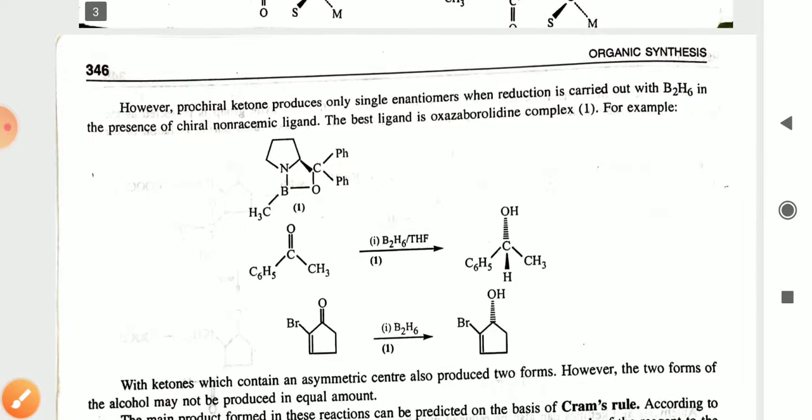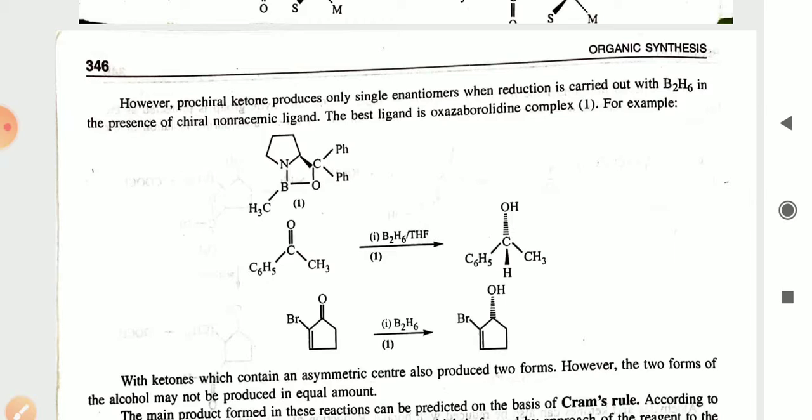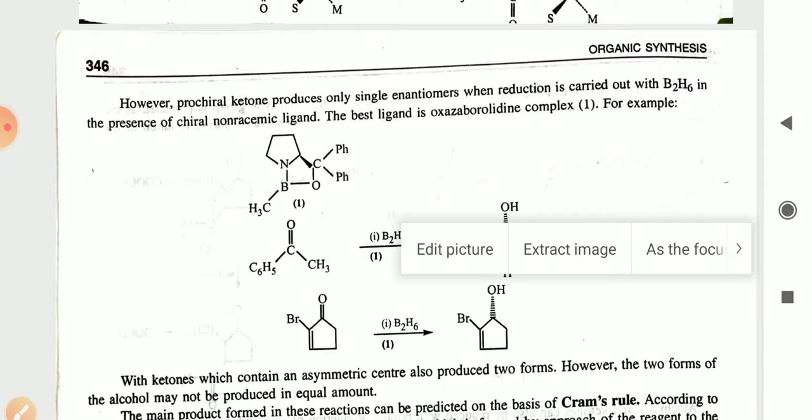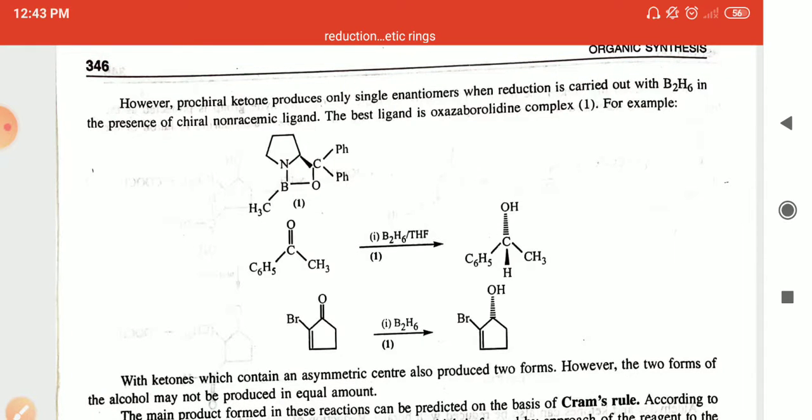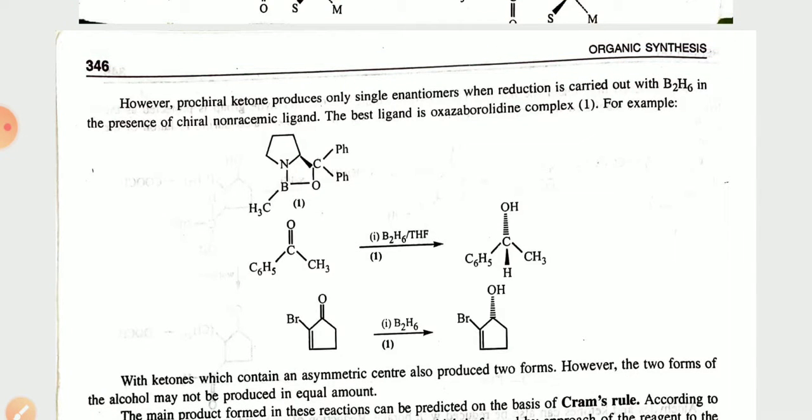However, the prochiral ketone produces only a single enantiomer when the reduction is carried out with B2H6 in the presence of a chiral non-racemic ligand. The best ligand is the oxazaborolidine complex.